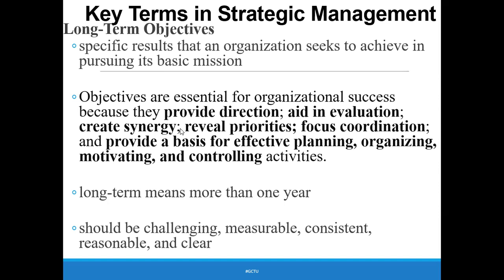So let me take my time and explain these bold texts. So when we say long-term objectives are essential for organizational success because they provide direction, what does it mean?